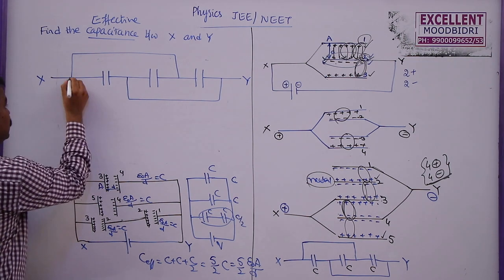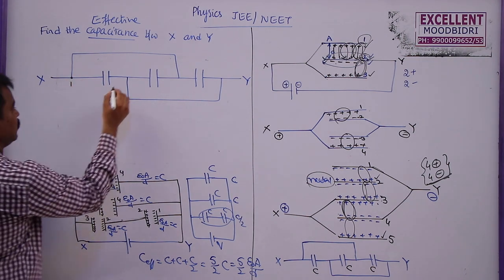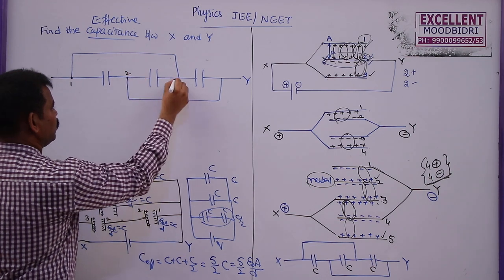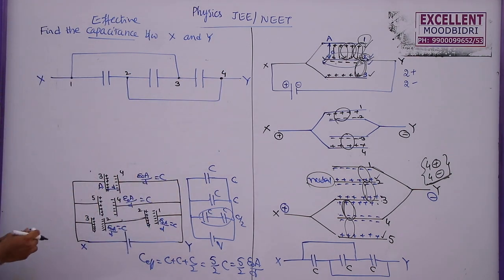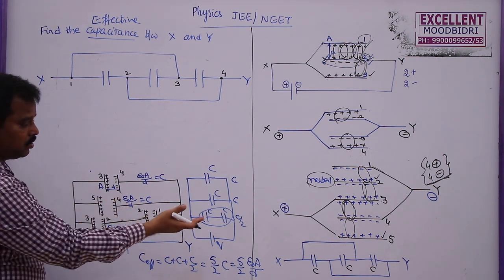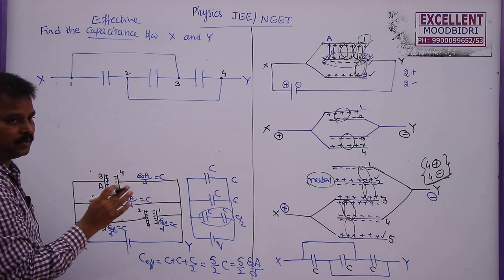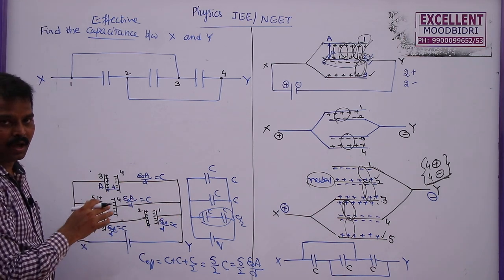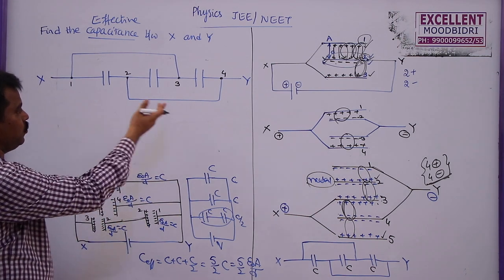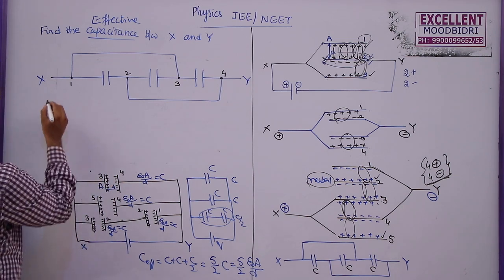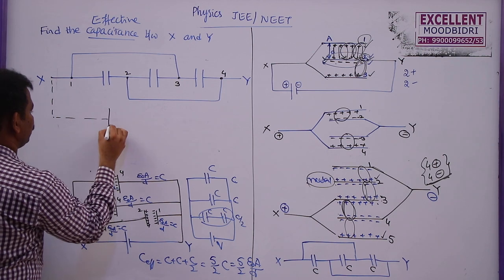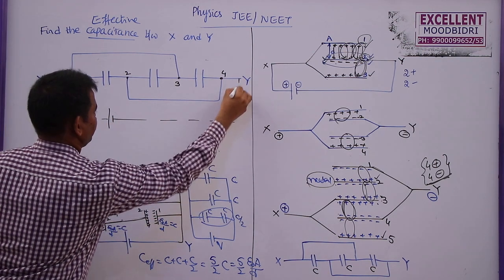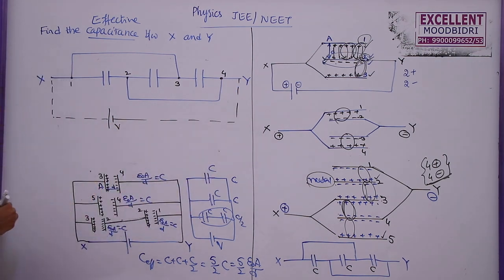So first I will take this node or junction as 1, this as 2, this as 3, this as 4, like this. Now, in the question paper itself, you can write 1, 2, 3, 4 if it is a printed PDF or offline paper. Online, we have to draw this on our rough paper, and then you can write this as, we know that between these two we are going to connect one battery of potential V.